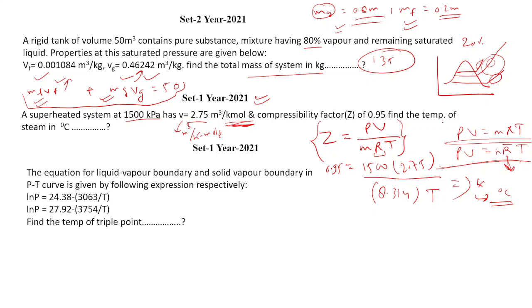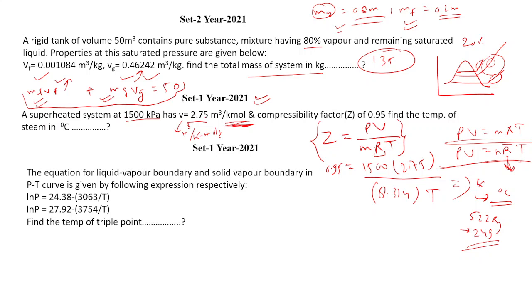What in Kelvin? How much it is coming? 522. 524.26. Sir, I am getting 522. And in degree Celsius? 249.1. So it seems okay. So it would be correct, right?